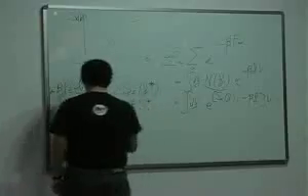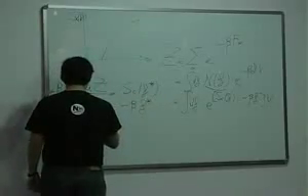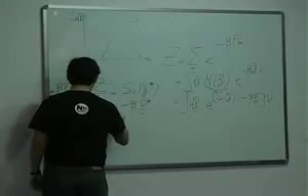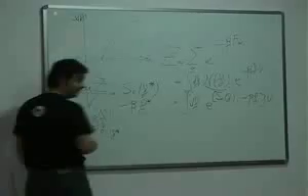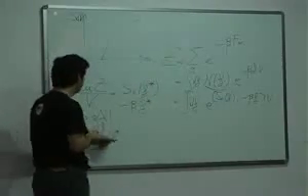And the condition to have this is that f star verifies this equation. I just take the derivative of this expression. So this is the equation verified by f star.